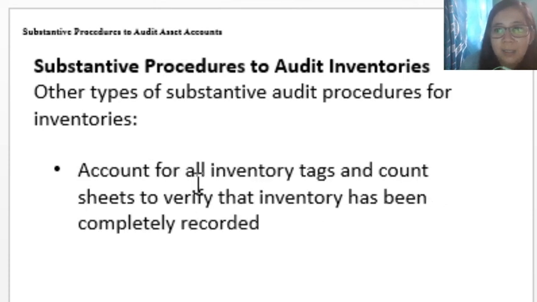Next, the auditor can account for all inventory tags and count sheets to verify that inventory has been completely recorded. If there are a lot of inventory items handled by the entity, the auditor can do sampling to test the completeness of these records.